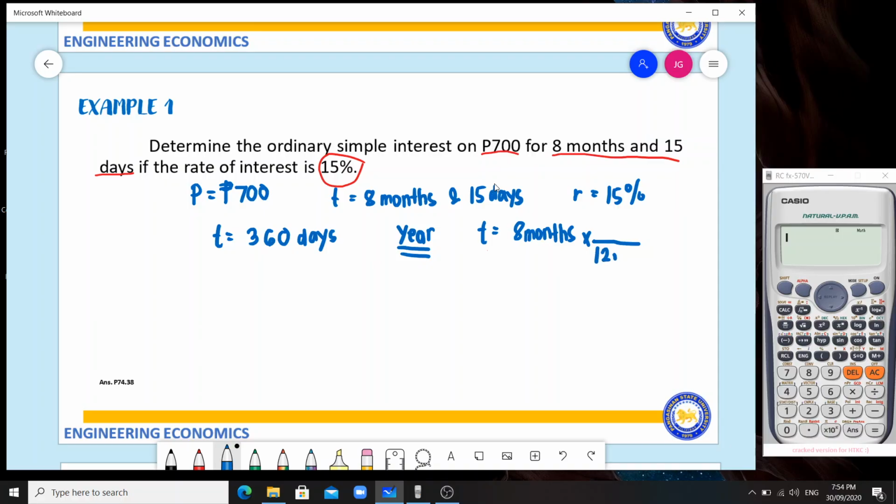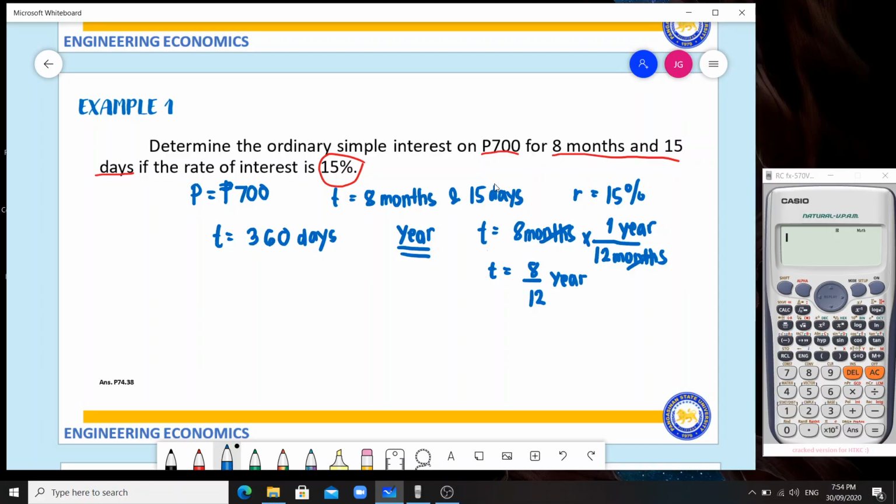Diba? 12 months. Tapos, sa 1 year. So, makakancel si months. So, ano na si time? Meron tayong 8/12 year.